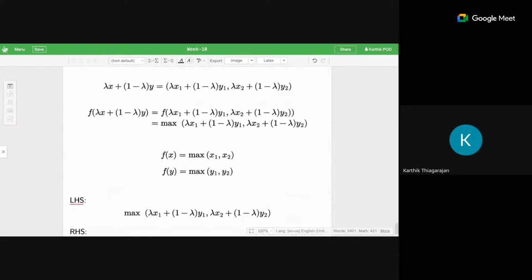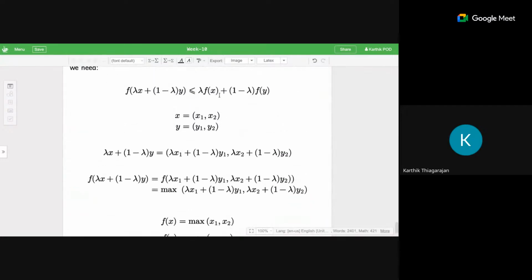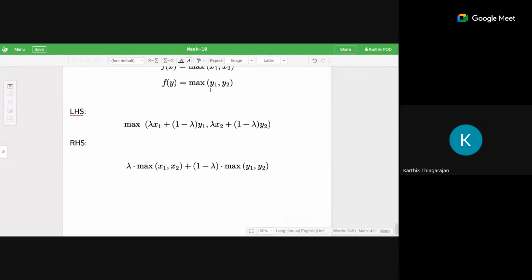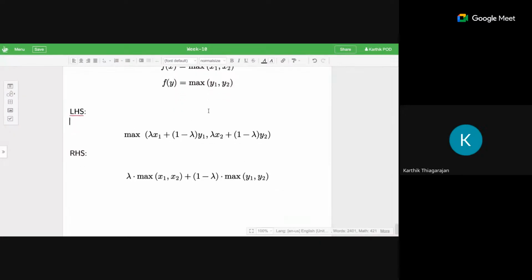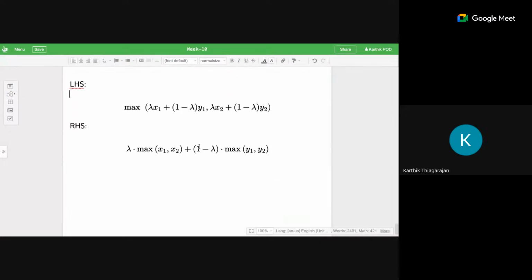So if you can show that LHS less than or equal to RHS for any lambda in 0 to 1, you are done. Assuming it is convex, of course, it may not be convex. But the question is LHS less than or equal to RHS for some lambda in 0 to 1? What do you think?